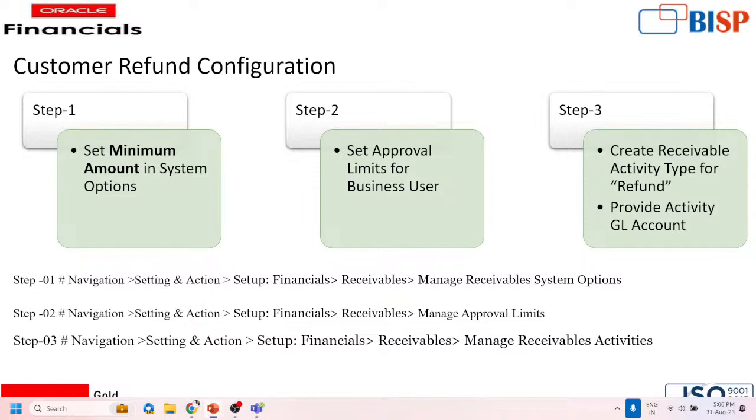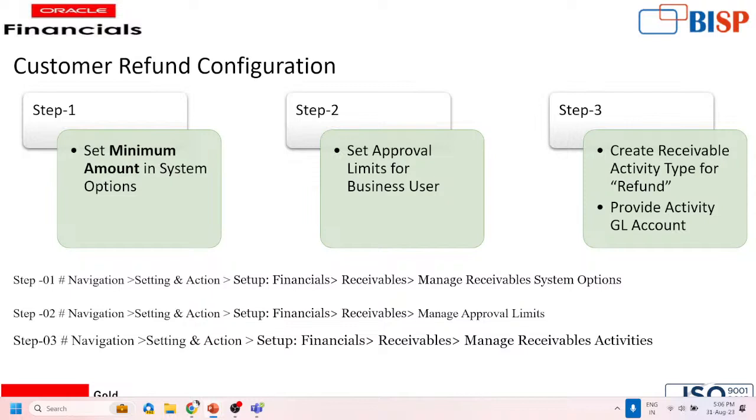So the customer refund configuration, first step is to set minimum amount in system options, then set approval limit for business user, and third step is to create receivable activities for refund and provide GL account, right?